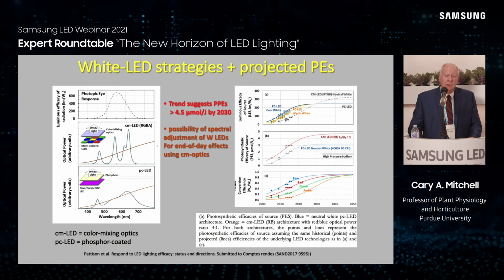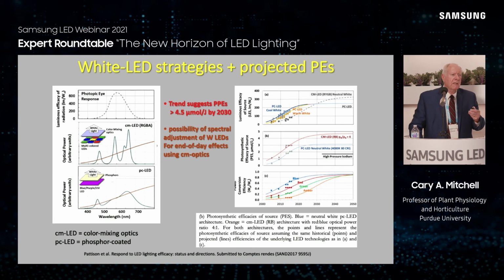And here is a projection on the right graph, the middle graph, which is photosynthetic photon flux. They're projecting that by about 2030, both the phosphor-coated and the color mixing LEDs are going to be a lot higher in photosynthetic photon efficacy compared to the HPS, which is stuck down there at about 1.8.